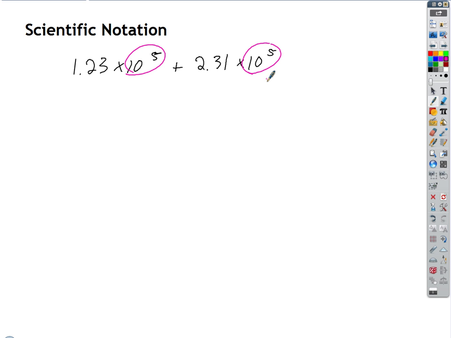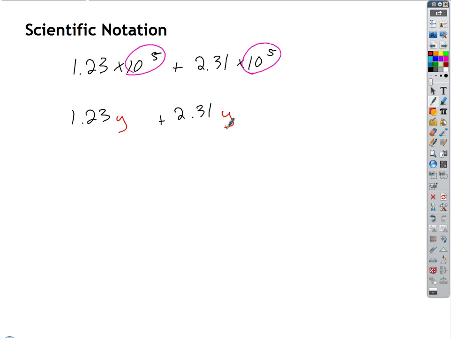If we were going to do something like, whoops, let me color code this a little bit. Try to do this as much as I can. 1.23, call it x, well, x is confusing, let's make it y, plus 2.31y. You would all know how to deal with that, we're just adding like terms, right?